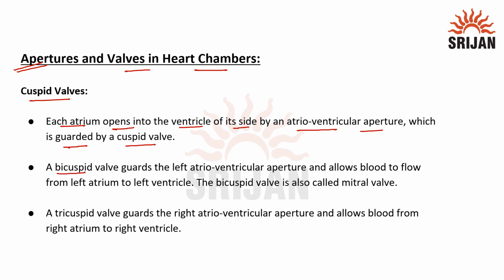A bicuspid valve guards the left atrioventricular aperture and allows blood to flow from the left atrium to the left ventricle. The bicuspid valve is also known as the mitral valve. A tricuspid valve guards the right atrioventricular aperture and allows blood to flow from the right atrium to the right ventricle.